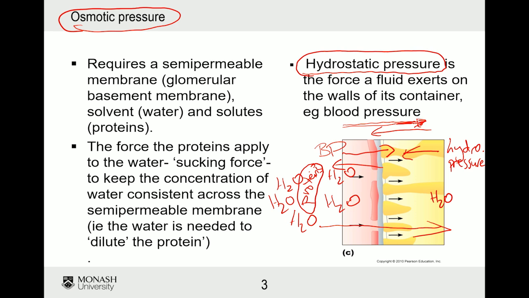It is the biggest force here. The blood pressure in the glomeruli is about 60 millimeters of mercury, so it's much higher than a usual capillary where it's about 5 millimeters of mercury. This force allows the filtrate to be formed, as it allows some particles and some water to cross the membrane.